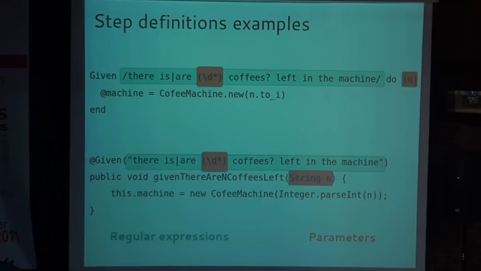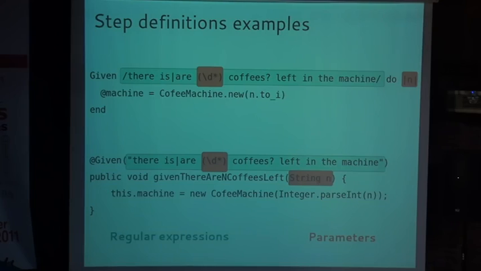The way to map a step definition to a step is by regular expressions, and this is nice because we don't need to write one step definition for each step. This would be too tedious.